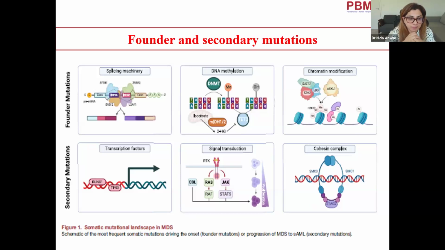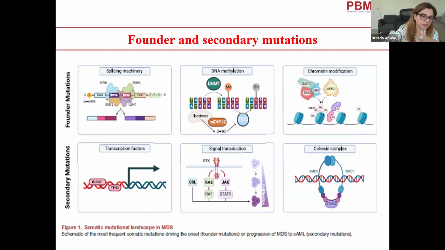Coming to the mutations in MDS, there are founder and secondary mutations, which lead to MDS. The founder mutations involve the splicing machinery, such as SF3B1 and SRSF2; the DNA methylation, including DNMT3A, TET2, IDH1 and 2; and the chromatin modifications, which include ASXL1 and EZH2.